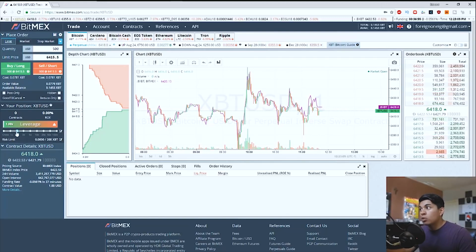At a 2x, I would be risking $250. At a 3x, I would be risking around $150, right? 5x around $100, 10x, $50, okay? My math might be off there, but you guys get the idea, okay? So it's about reducing risk here, okay?